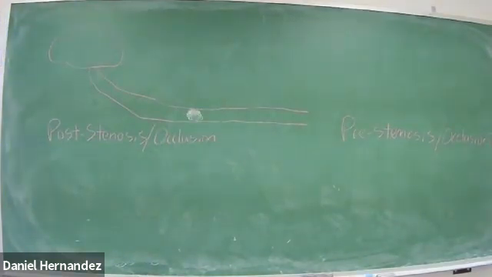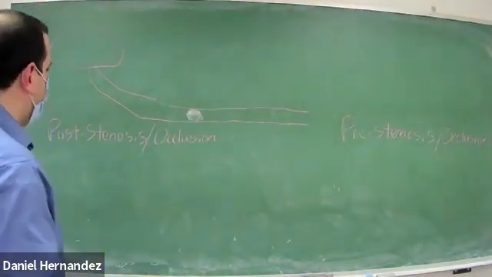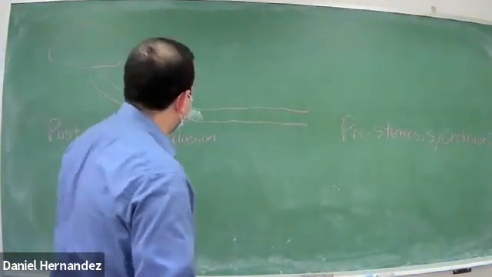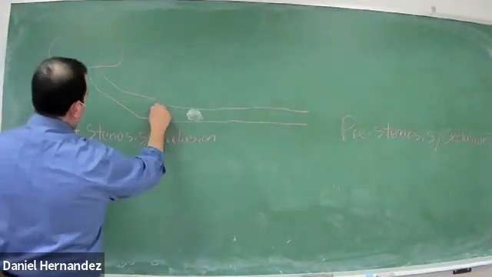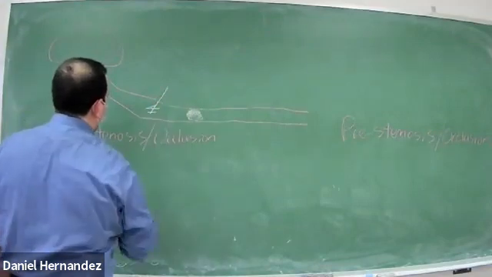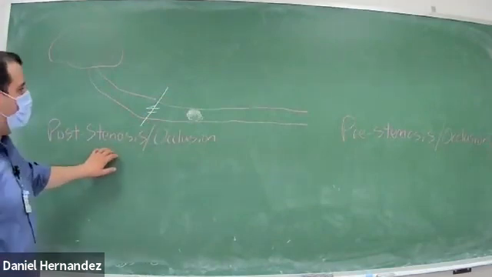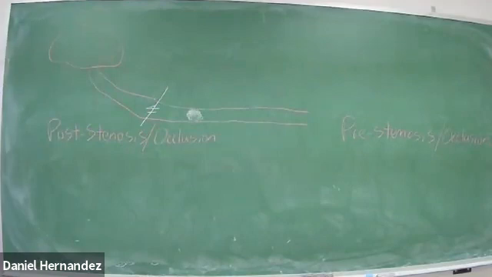we have to then look at that and understand where we're Dopplering, if it's post-stenotic or pre-stenotic. So if I'm Dopplering the vessel over here, that would be considered post-stenotic. So I'm post or past that stenotic lesion or occlusion.